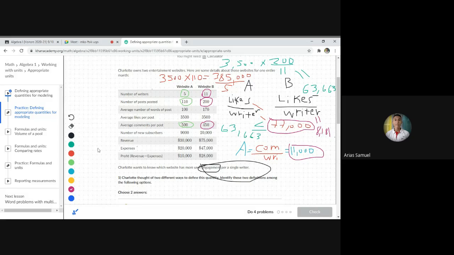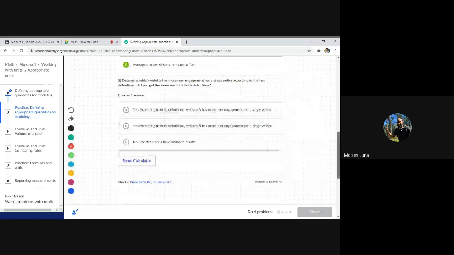So as we can tell, that number is way less than 11,000. So A is 77,000 in likes per writer, and B is 63,663, which is less. And then A in comments per writer is 11,000, while the other one is 8,181. Excellent.